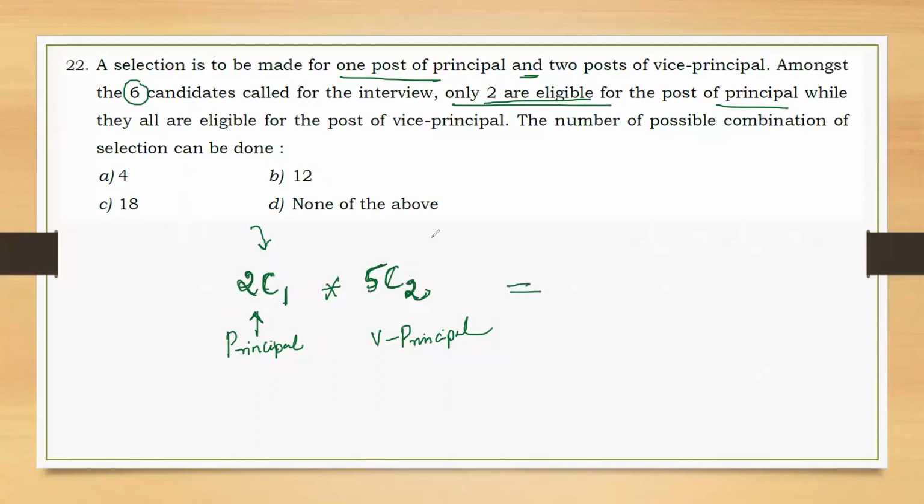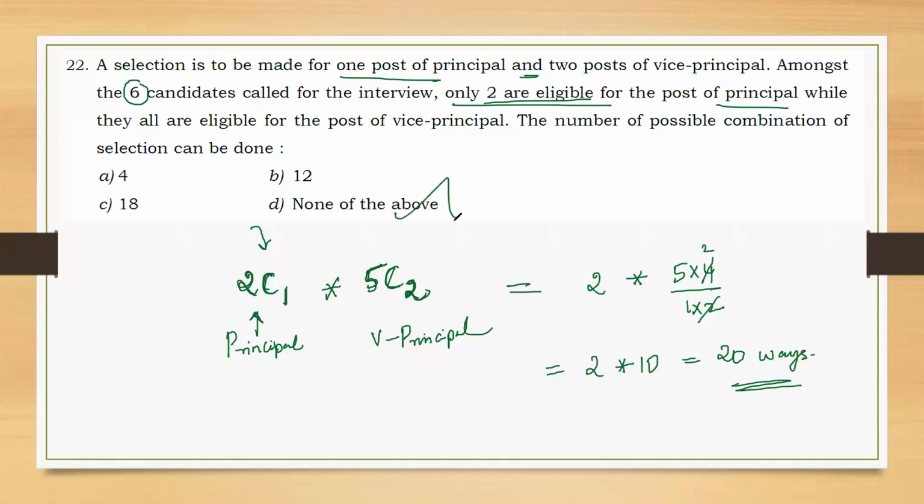The answer: 2C1 is equal to 2, right? 5C2, 5 into 4 divided by 1 into 2, that is 10. So 2 into 10, 20. There are 20 ways to select candidates. The answer is none of the above. Why are all of them getting answer 12?